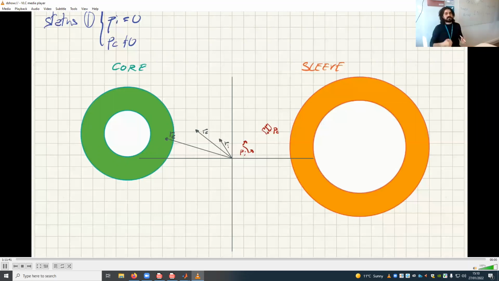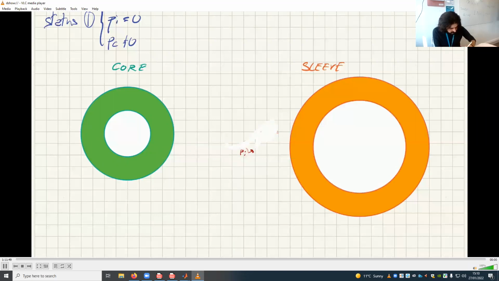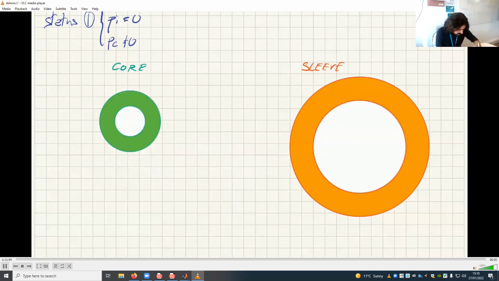Okay, so we have core and sleeve. I don't need anything else. This smaller as well, because I don't need all this space.